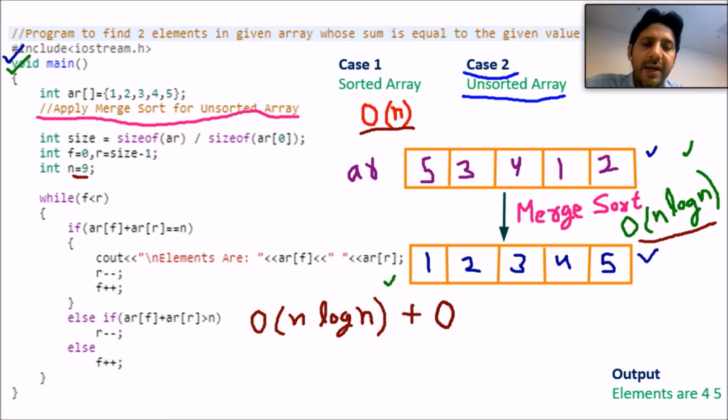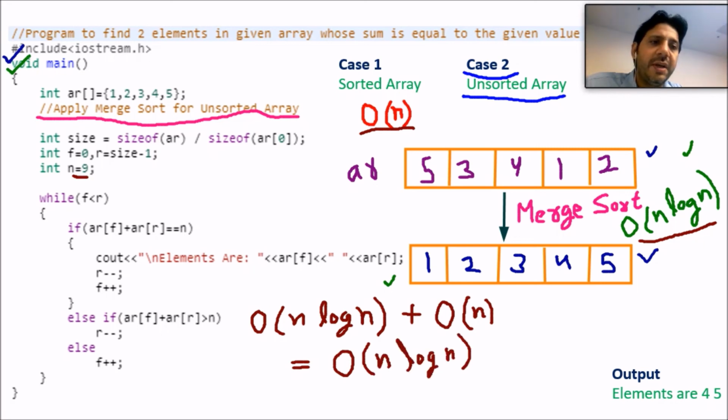So we will combine these two complexities, and after combining, the resultant complexity will be the higher one, that will be n log n. So to solve the same problem with the unsorted array, we have the time complexity big O of n log n.